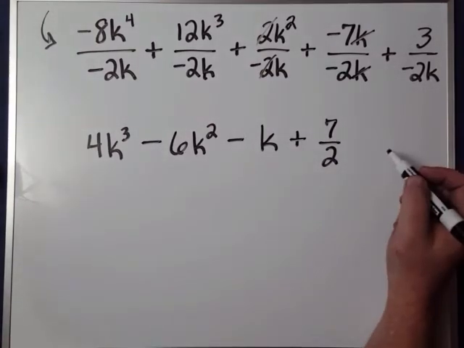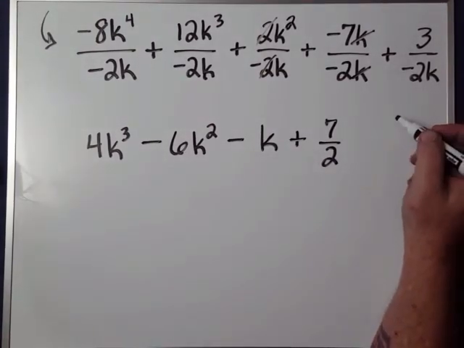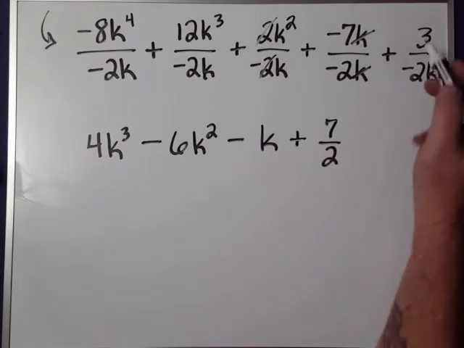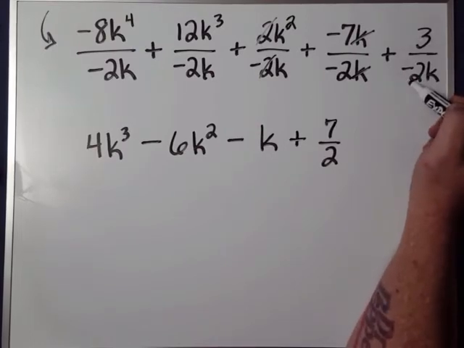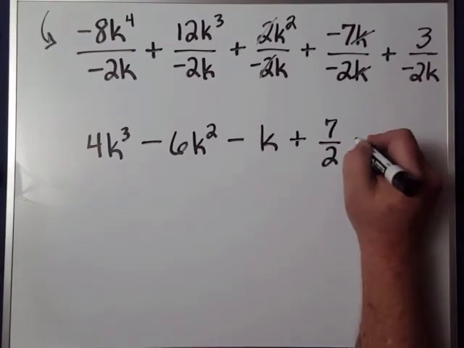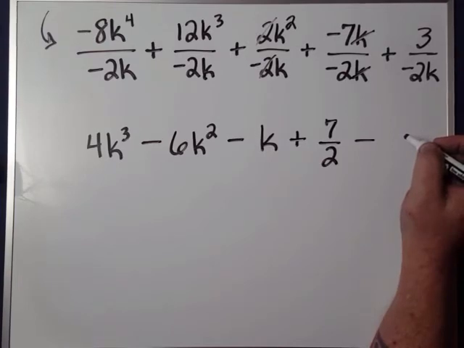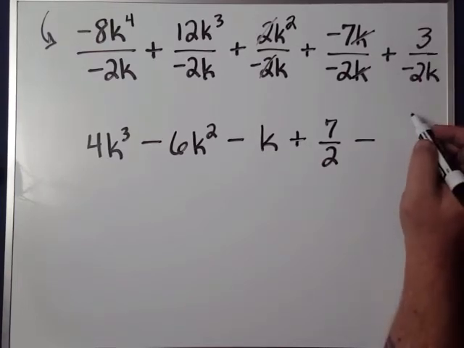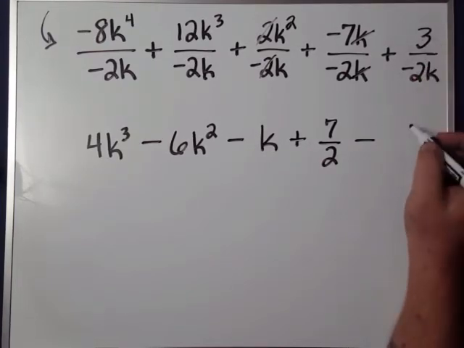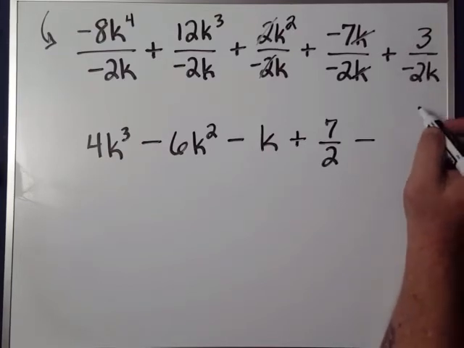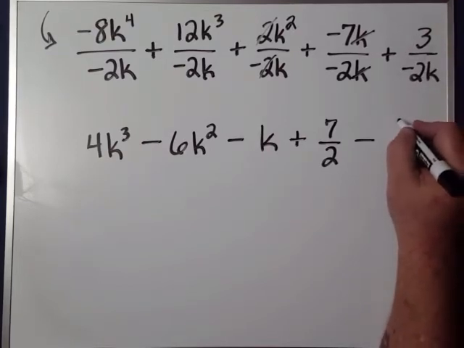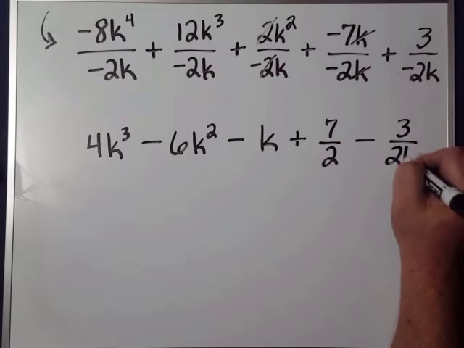And my last term, don't make this harder than it needs to be. A positive divided by a negative is negative. What else can you do? There's nothing else you can do. That's already in lowest terms. So minus a 3 over 2k.